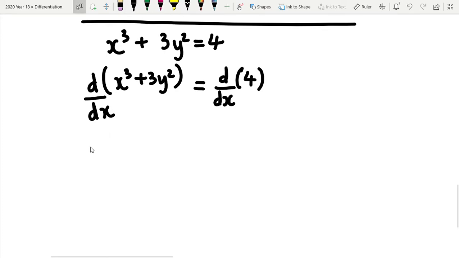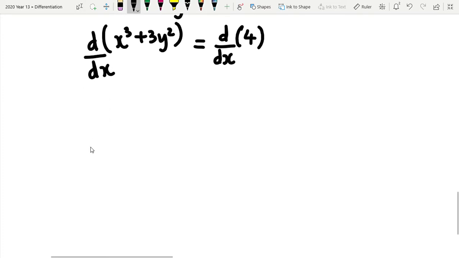If I move on from here, I can differentiate the x cubed separately from the 3y squared because of the plus, so I don't have any problem.